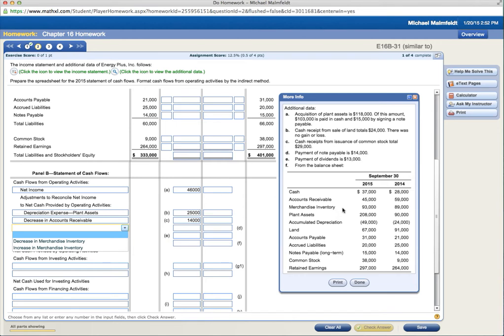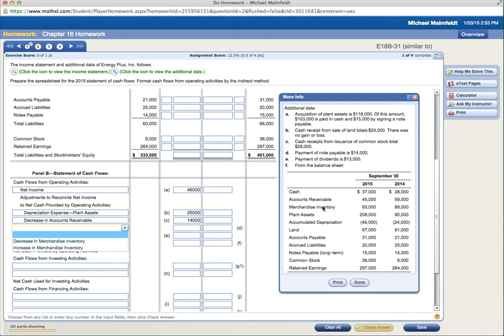And when a transaction occurs where we're purchasing inventory, there is no expense recorded. The journal entry that would record a purchase of this inventory would be a credit to cash and a debit to inventory. Okay, so that would be lowering of one asset account and increasing of another asset account.